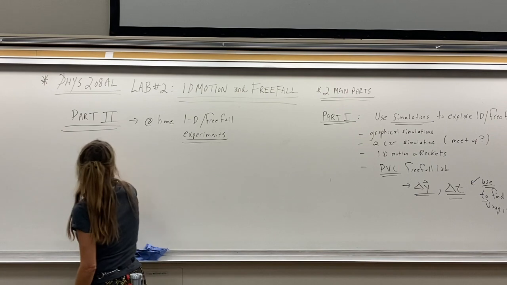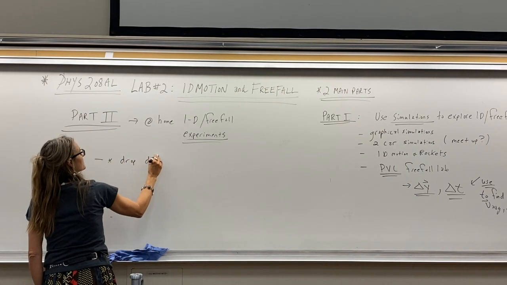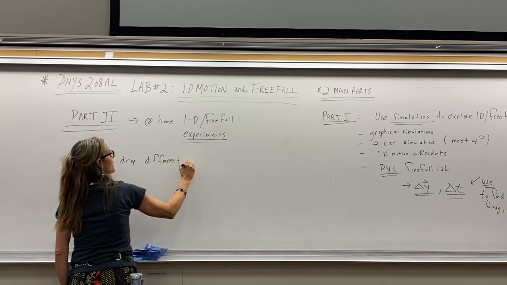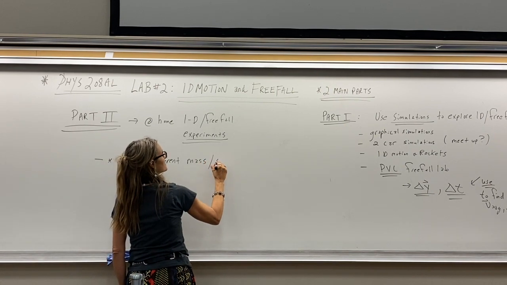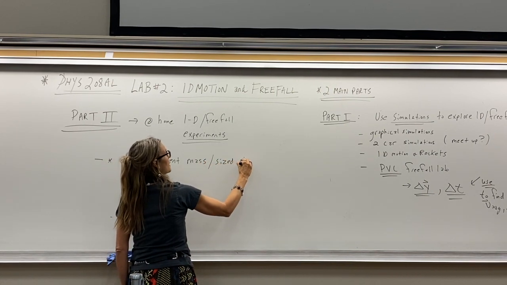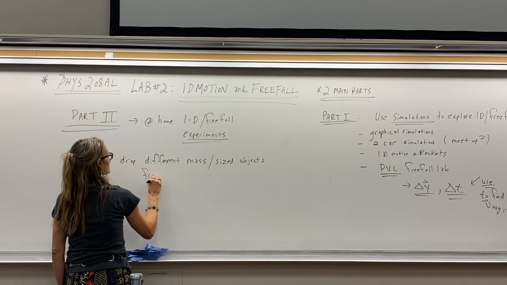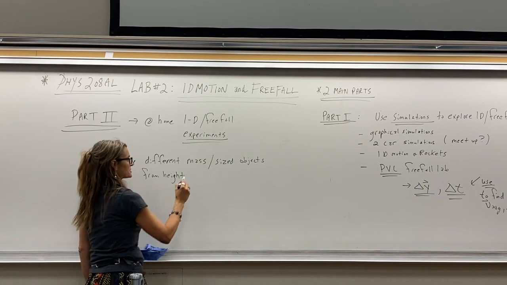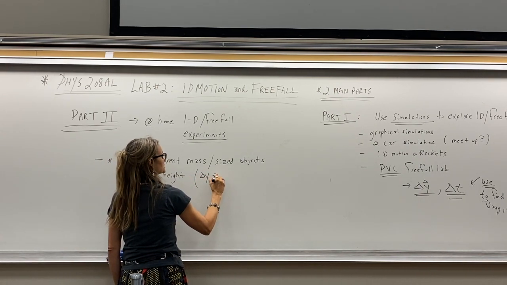So what we're going to do here is we're going to drop different mass and sized objects from a height. And we're going to measure that height, right? So what we want is y, delta y, you measure.